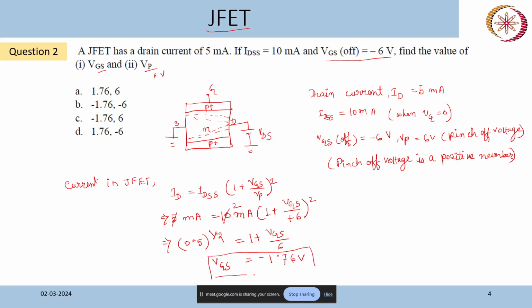If you consider the correct signs here, then you will get VGS negative because we apply reverse bias at this P plus N junction. So here the correct answer is C, minus 1.76 volt and 6 volt.